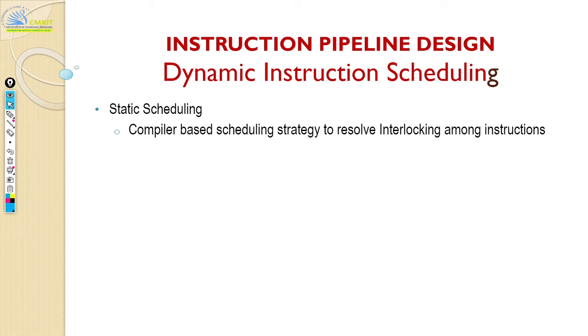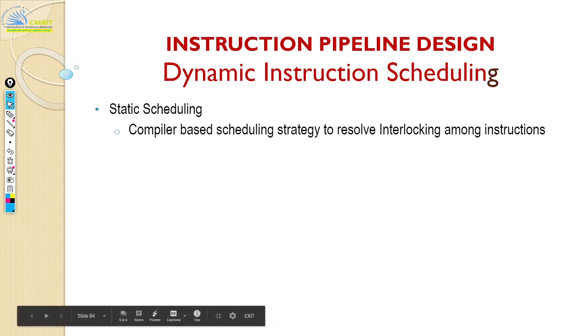But the only problem is these compiler optimizations are strictly dependent on the structure of your program rather than depending on data. So when you have runtime data, your compiler may not be able to optimize it, right? So that's where the problem comes. So that's why we need a dynamic scheduling.